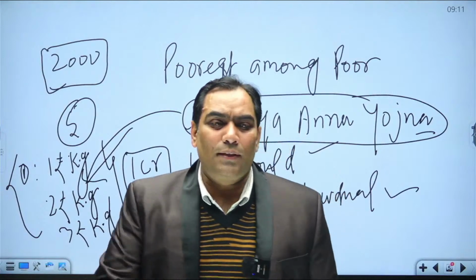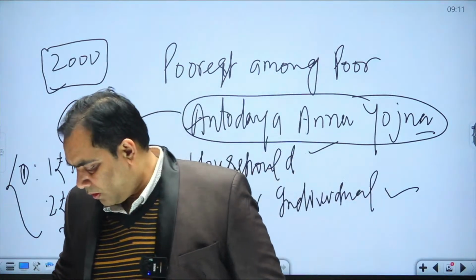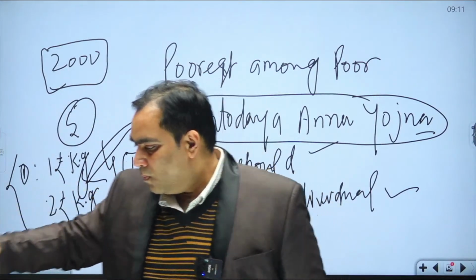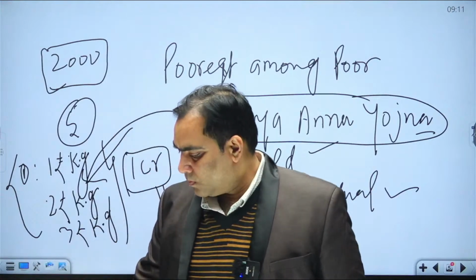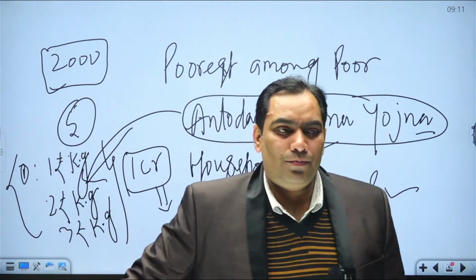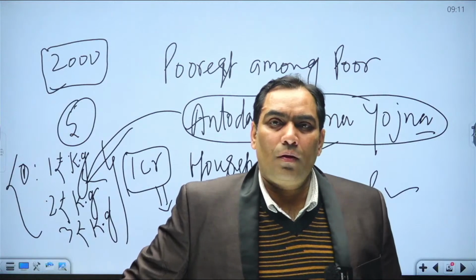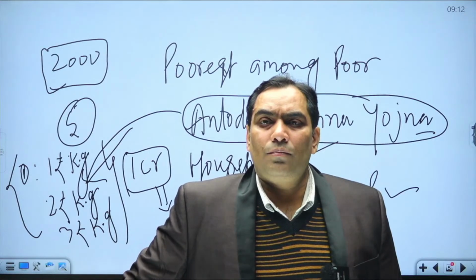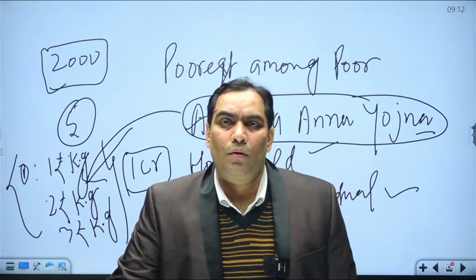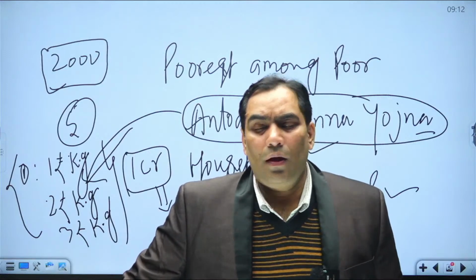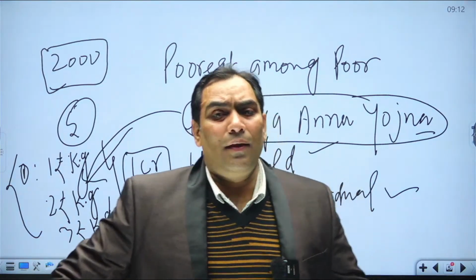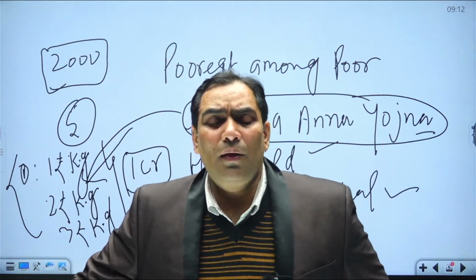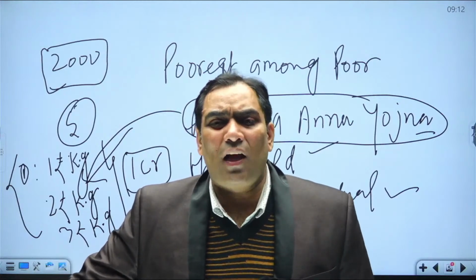I am going to repeat once again. In 2000 we again tried to identify the poorest among the poor. That was known as Antyodaya Anna Yojana.